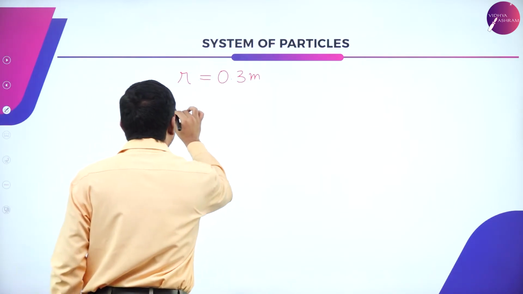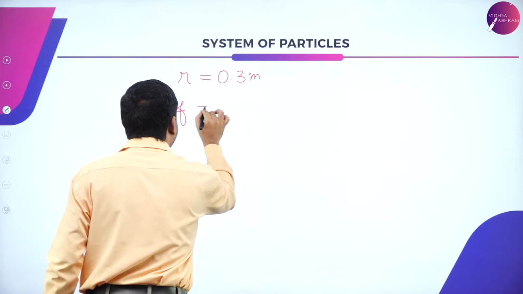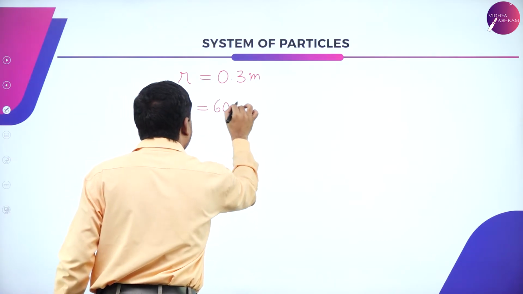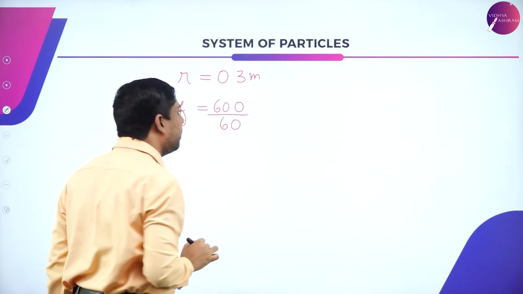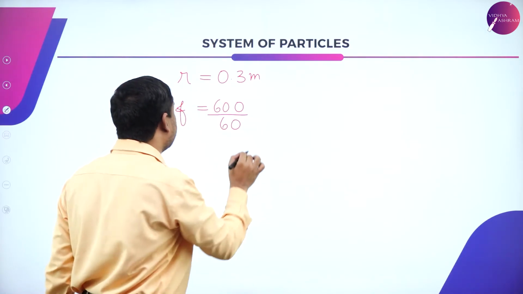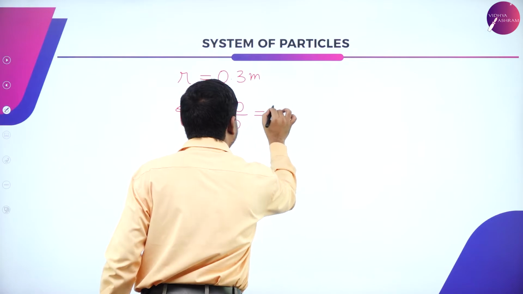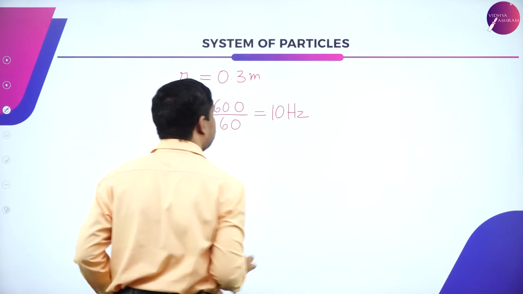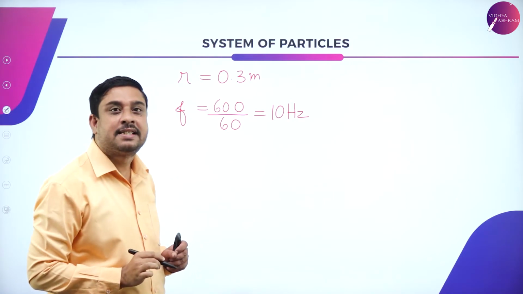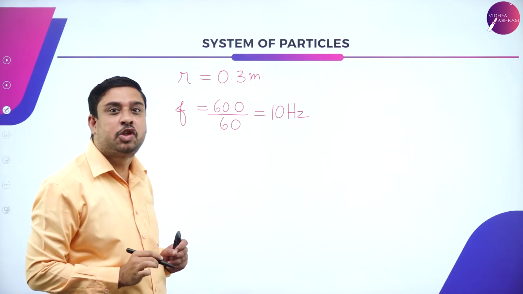So frequency is 600 by 60 per minute, so this is 10 hertz. What is it that I initially have to calculate?